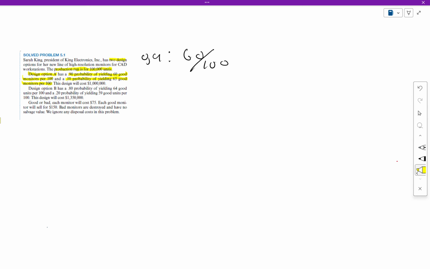However, in this probability of yielding good, we need to appreciate that 40 over 100 are bad monitors under this bracket. That's the reality of it.